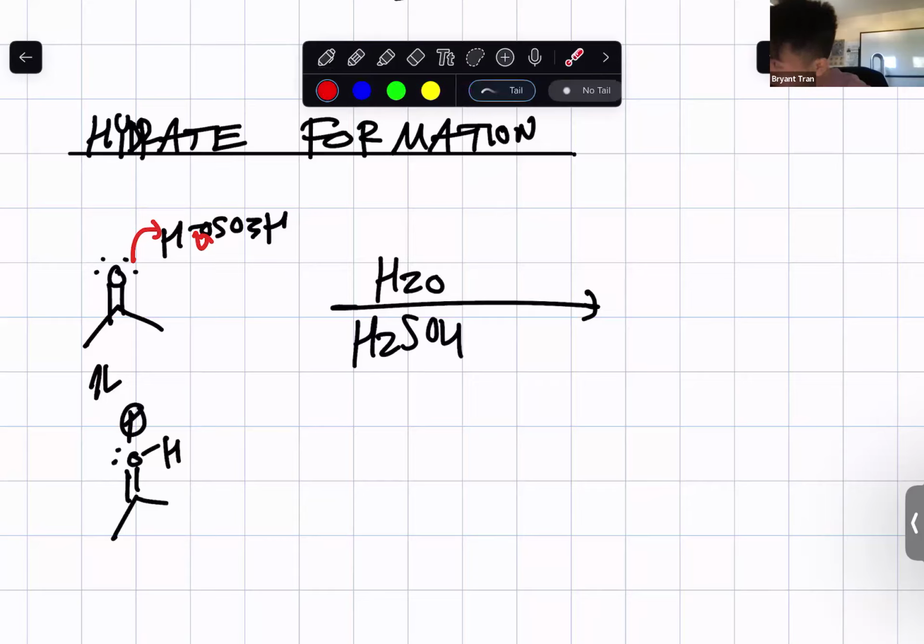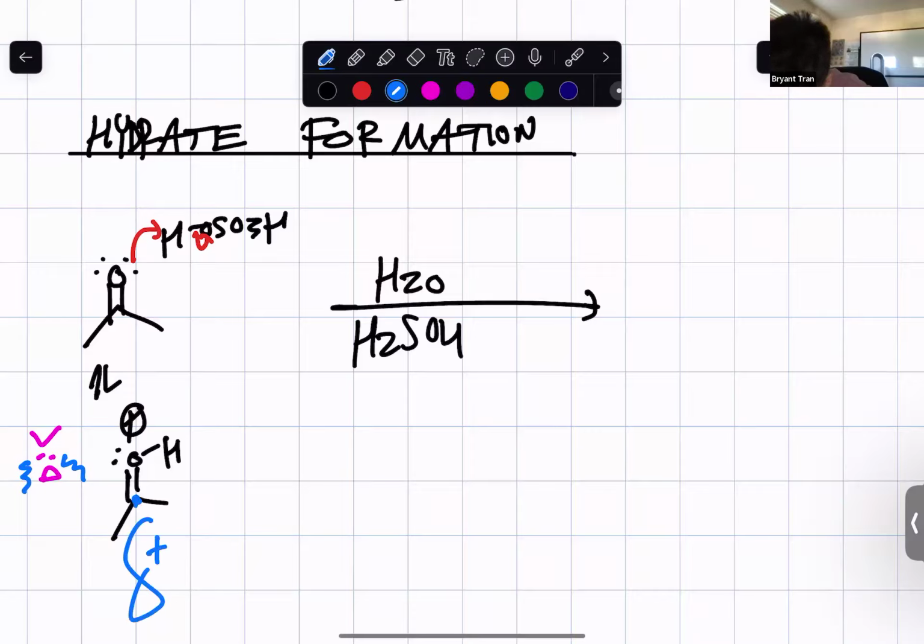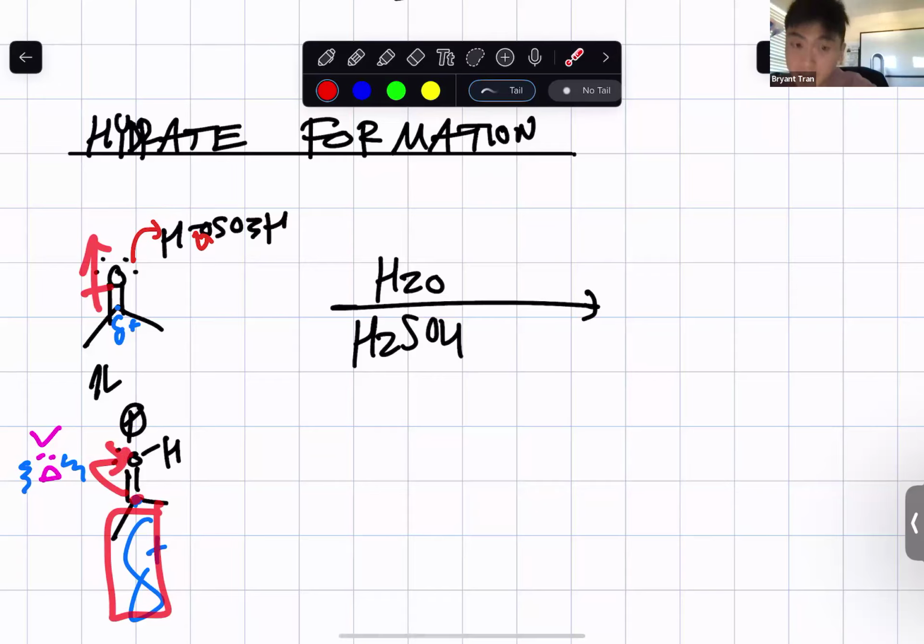Now, this positively charged oxygen here is very angry. It does not like that positive charge, so it's going to want to withdraw electrons from that carbonyl carbon, making this carbonyl carbon activated. Before it was a small partial positive charge attached to this electronegative oxygen atom, but now it's even more positively charged because this oxygen atom wants to be stabilized by stealing that carbon's electrons.